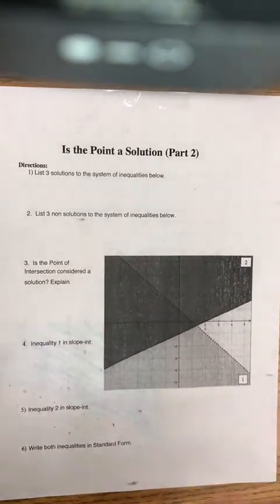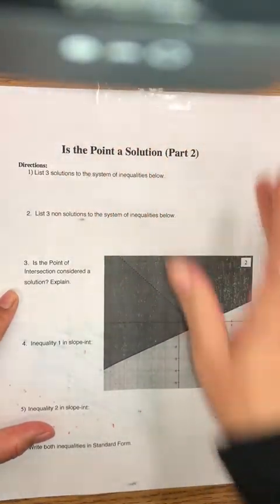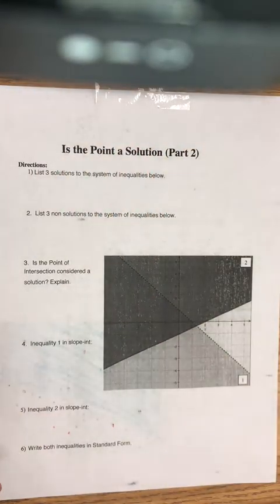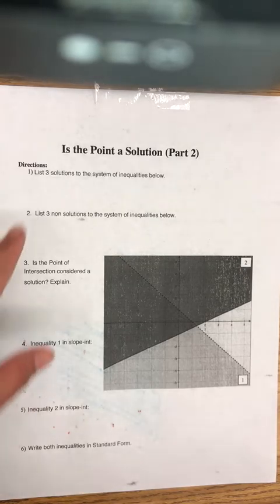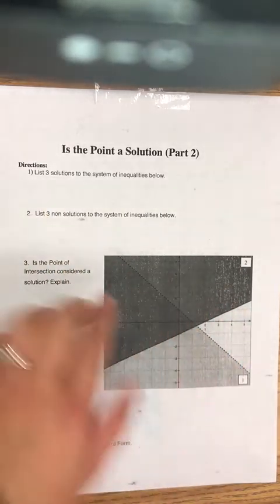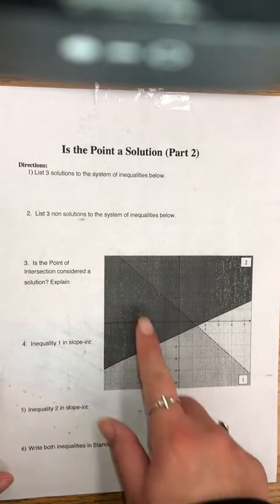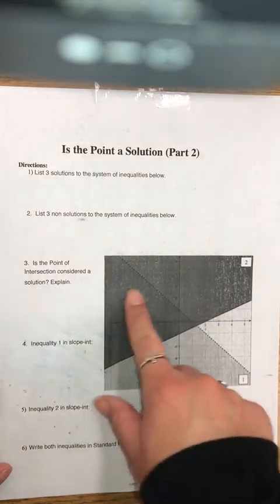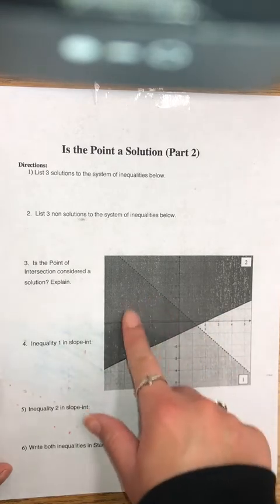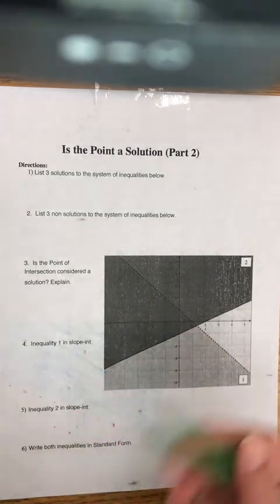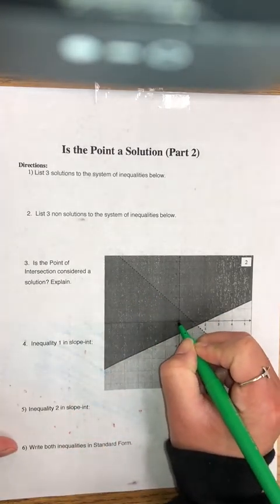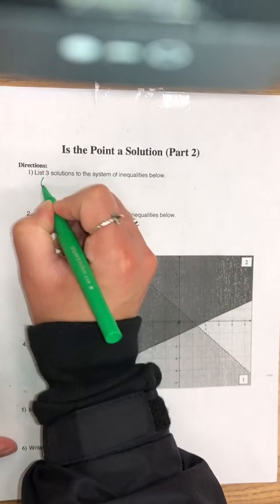Along with problems where I already give you the graph of the system of inequalities, and you have to write the inequalities yourself. So first it says, using this right here, list 3 solutions to the system of inequalities. Well, I can see it. I don't know if you can see it clearly, but this right here is darker than any other area. So this is the double shaded area. So I'm going to pick 0, 0.